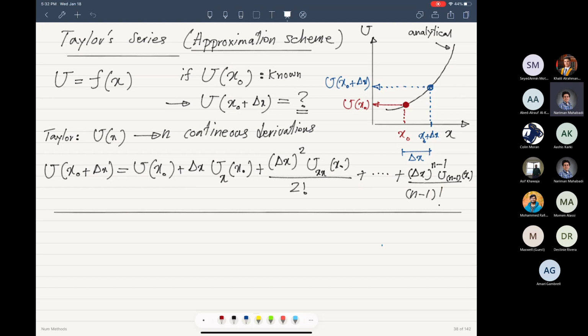In any finite difference method, simulation, or numerical scheme that uses a Taylor series, you just truncate the system at the first order or the second order. In some special cases, with some physics which we are not going to cover, you may need to truncate at the third order.